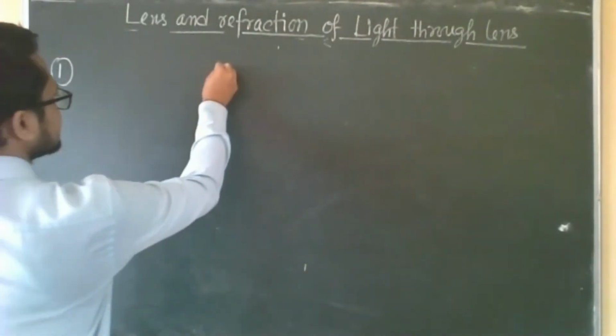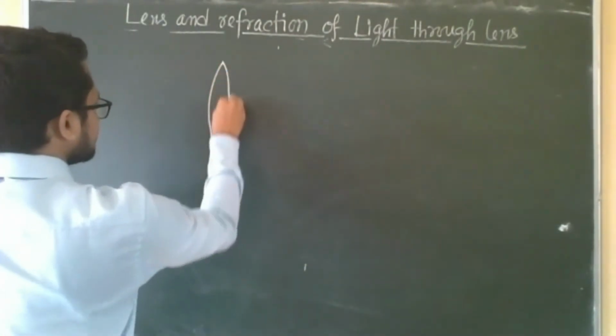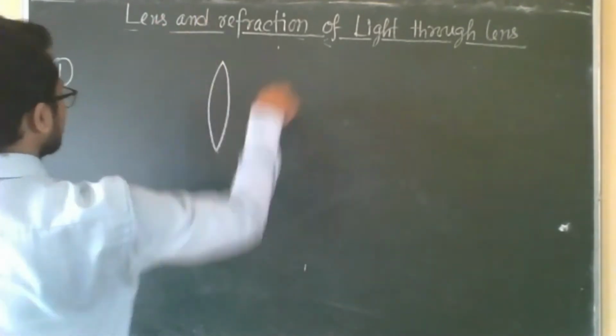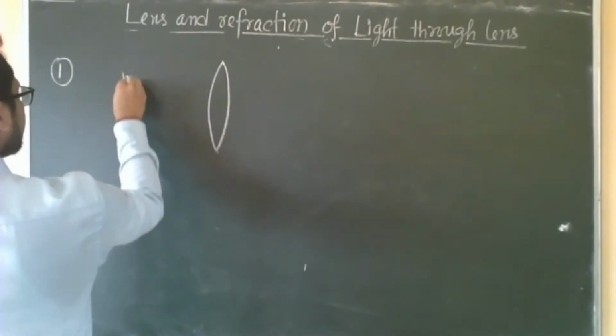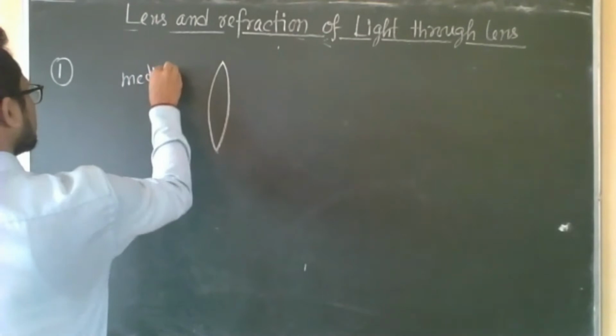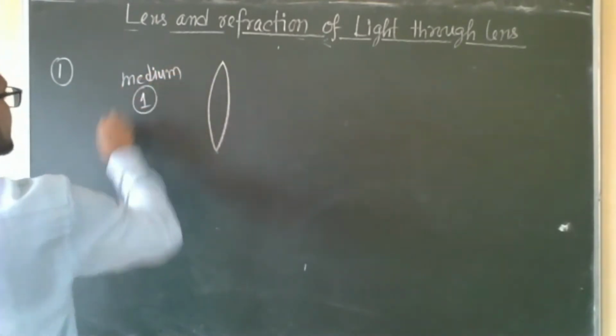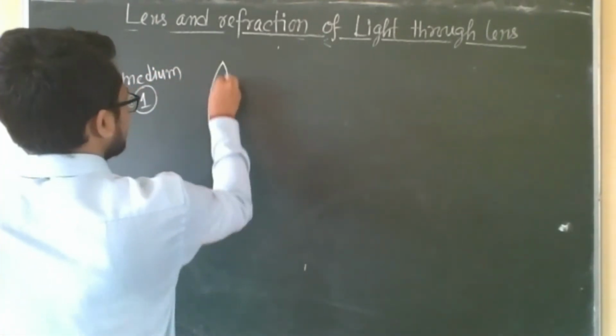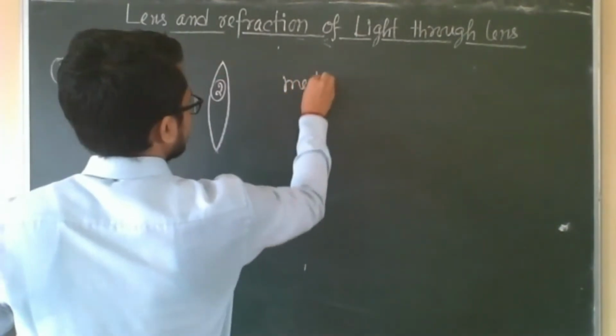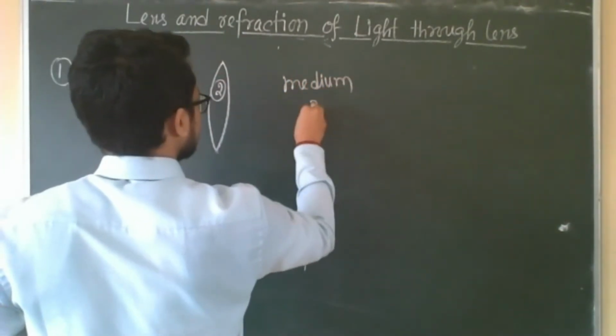Suppose I am taking a convex lens. This is medium 1, the lens is medium 2, and this is another medium, medium 3.